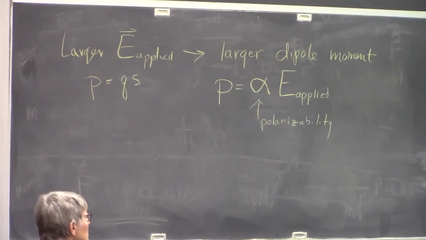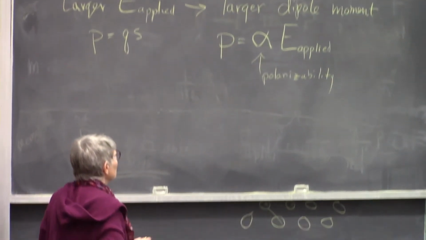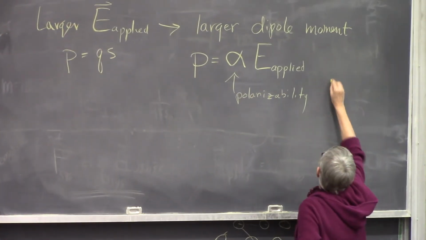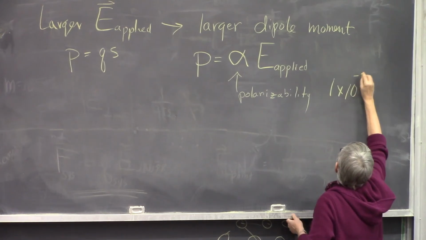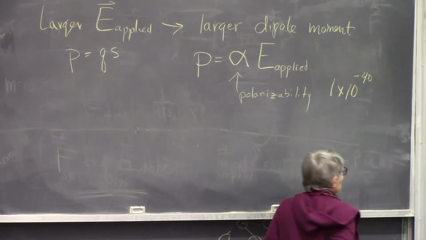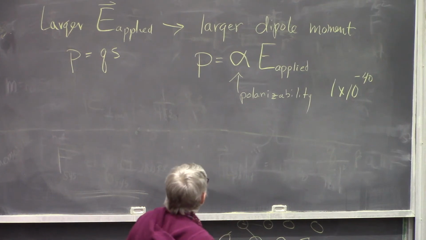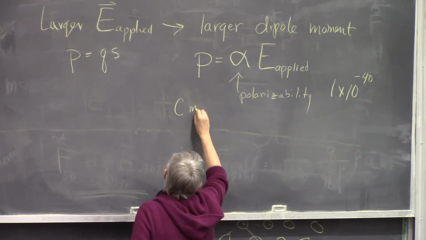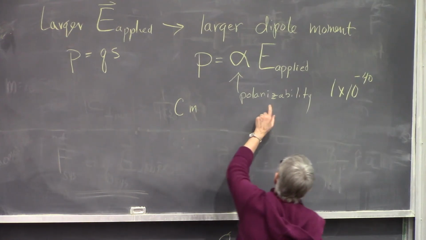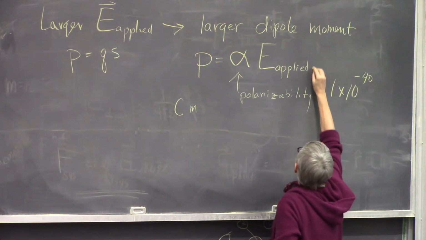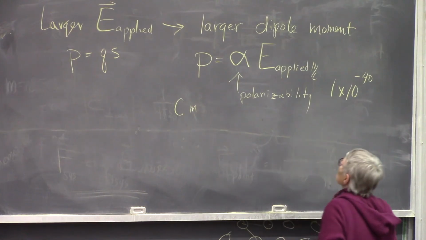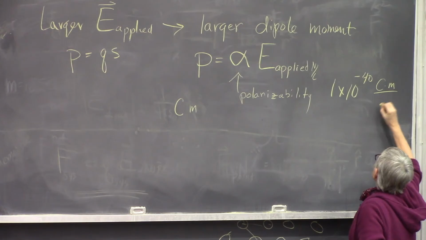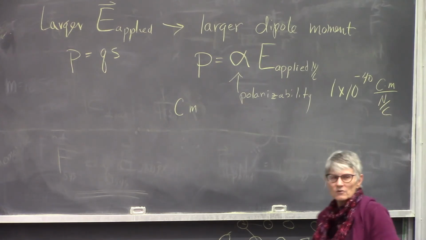And this is a small number, on the order of 1 times 10 to the minus 40th. The units of this should be coulomb meters, and this is newtons per coulomb, so it should be coulomb meters per newton per coulomb.